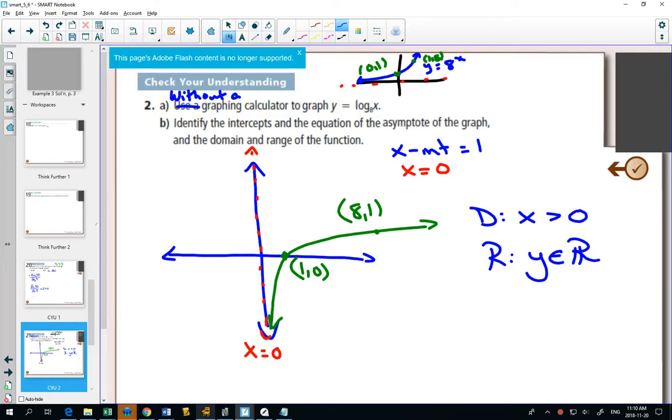Just knowing that the log is the inverse, they undo each other's operations. So an exponential equation is putting something to a power. Undoing that power is doing a logarithmic graph. Just like squaring, you know what that does, and square rooting undoes that.